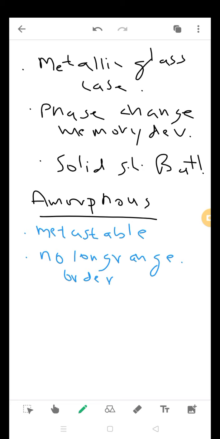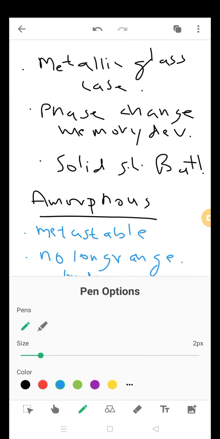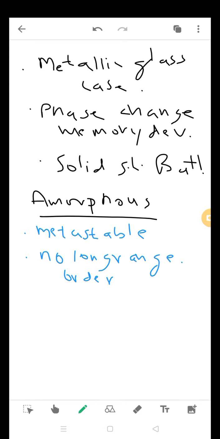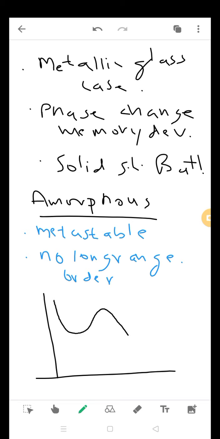Now if you plot the energy versus the structure, it's not exactly a plot in that sense, but it actually depicts the different size and the different shape of the glass and their particular use. So usually it's in this fashion.